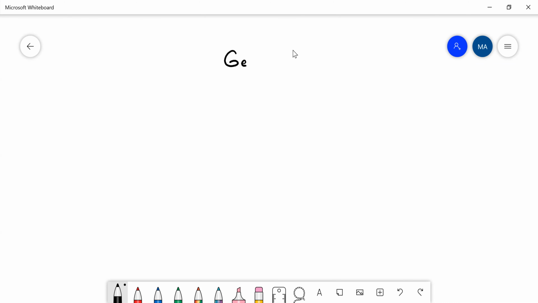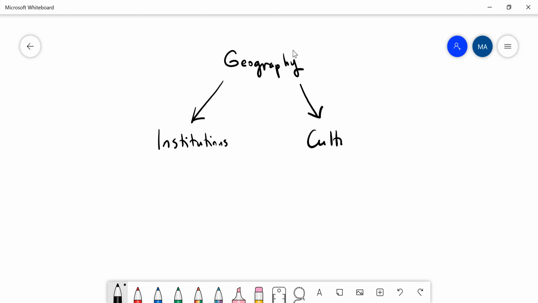There's one fundamental factor that we call geography, right? So geography is largely exogenous, as you know, and it affects institutions and perhaps culture, right? And institutions and culture also interact with each other.